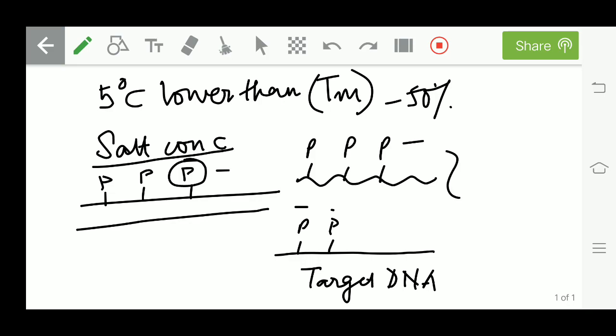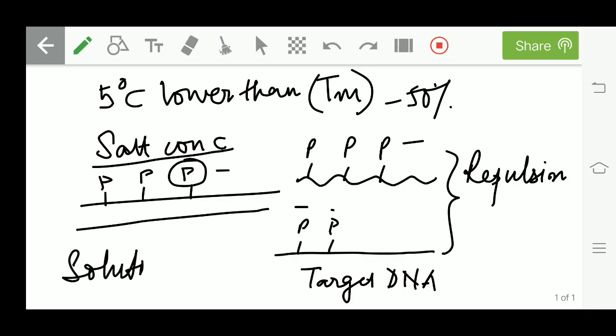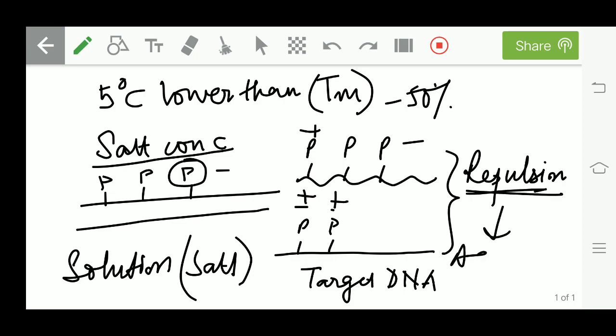So there will be a repulsion. How is hybridization possible then? Because your solution has salt, and that salt is a cation. The cation will mask the charge of the phosphate and allow another DNA to be hybridized. The repulsion is nullified by the addition of cations.